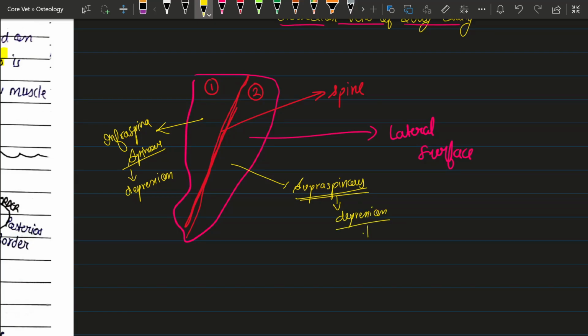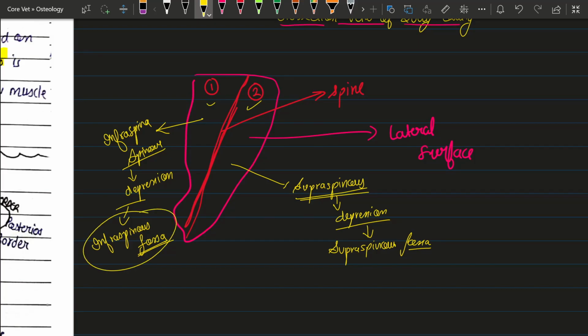That's why they are called supraspinous fossa and infraspinous fossa. Okay, it is clear that on the lateral surface there is a spine which divides the surface into two halves. The one half is known as the infraspinous fossa and the second half is known as the supraspinous fossa.